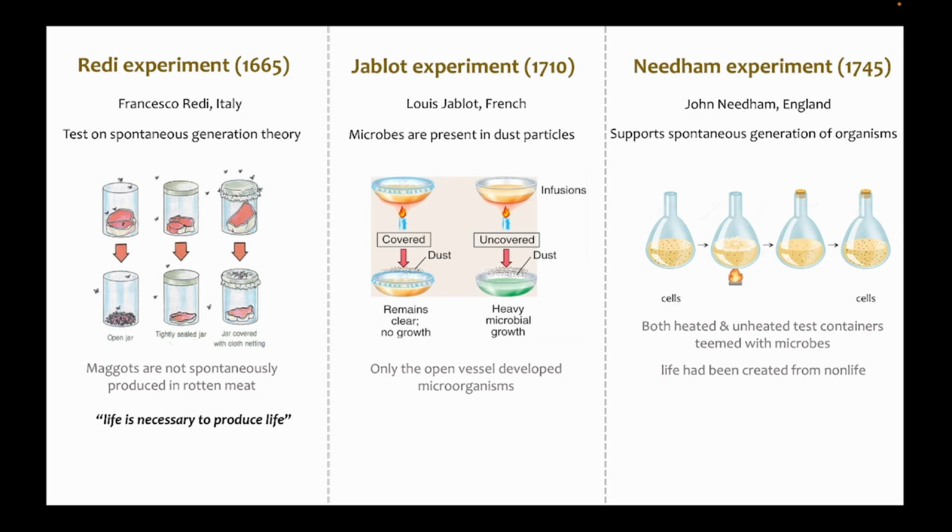So after a few days, the one with the open jar, a lot of flies and maggots. The one that is closed, nothing. And the one here, he saw maggots here, but nothing on the meat. So he concluded that there is no spontaneous generation. Life is necessary to produce life. So that's the first experiment.